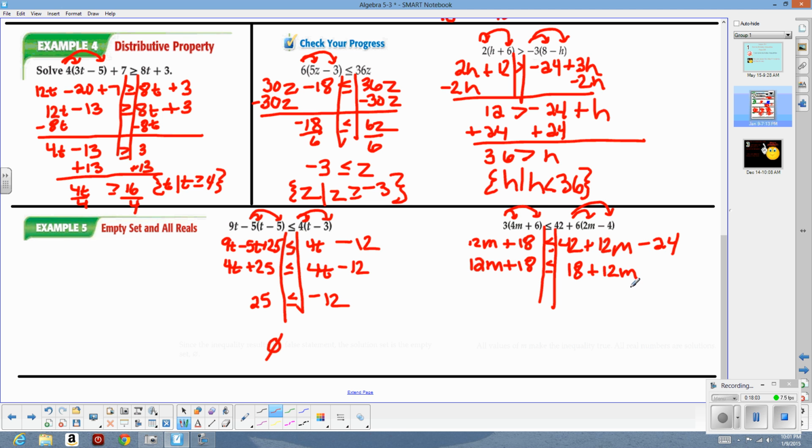You subtract 12m from both sides, you get 18 is less than or equal to 18. And 18 is less than or equal to 18, so it doesn't matter what you plug in here for m, you're always going to end up with something that's true, so therefore the solution is all real numbers.